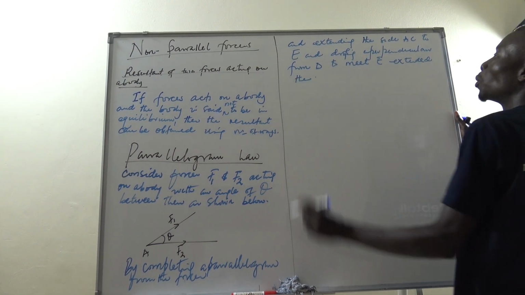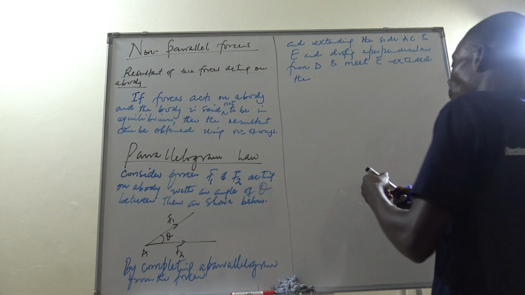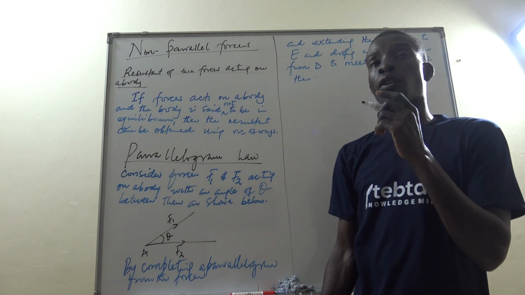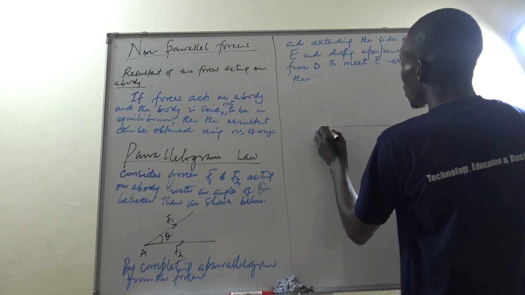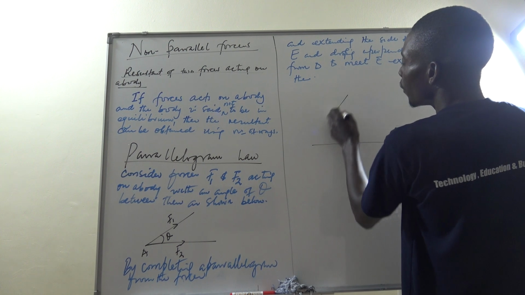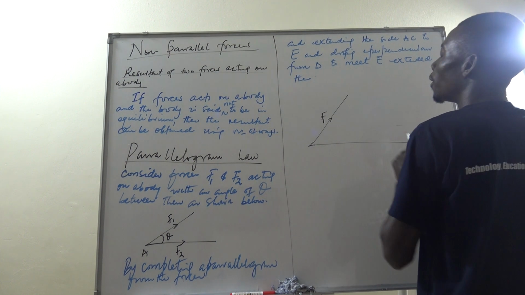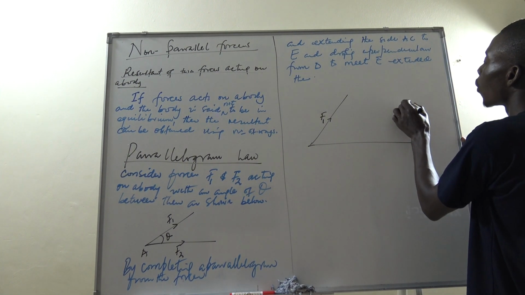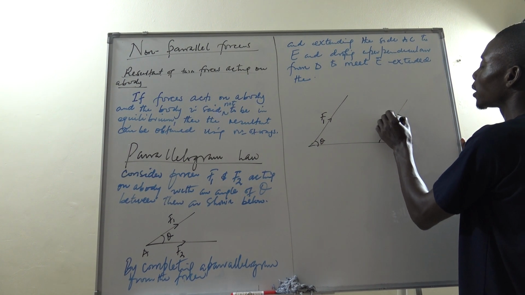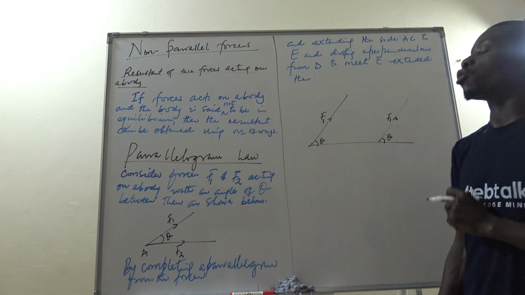Then our drawing should be that if we complete a parallelogram from the forces, how do we complete the parallelogram? We do what we are calling transformation of forces. If I have this force here as F1, okay, I can transform it here. If it is at an angle theta, I can draw the same force here as F1, and if I call that theta, I've transformed this force.